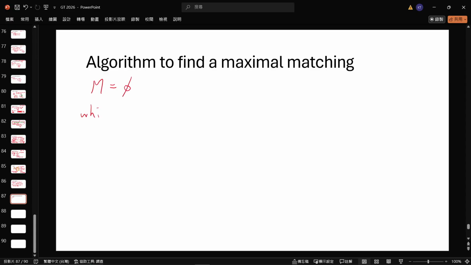So this is a very simple algorithm. You just choose any edge in the graph, okay, and add it to the matching.